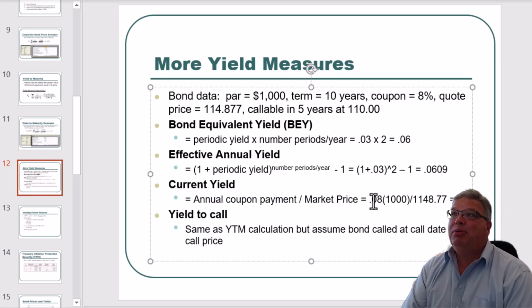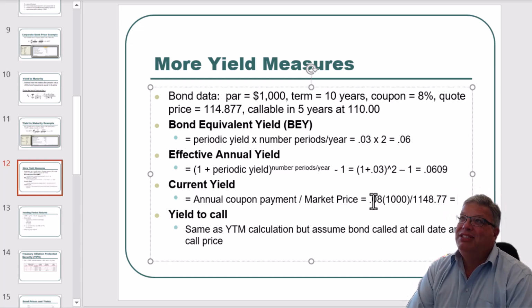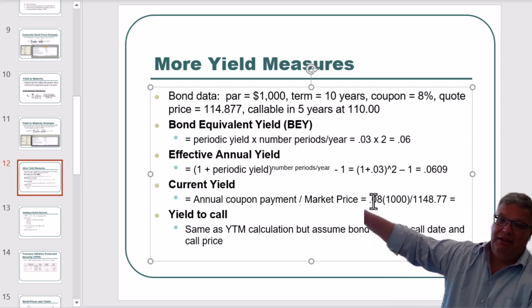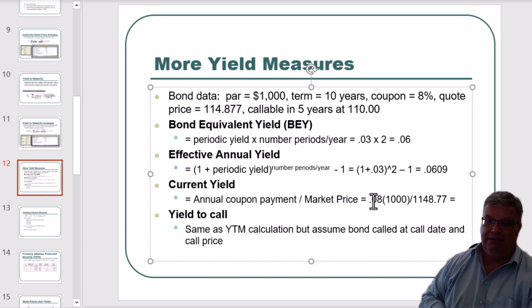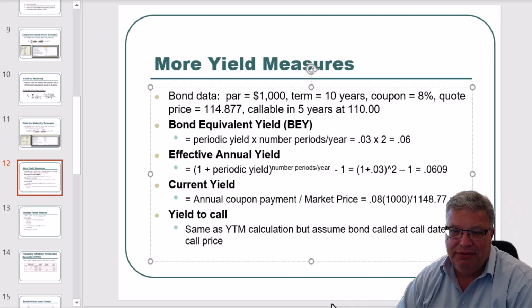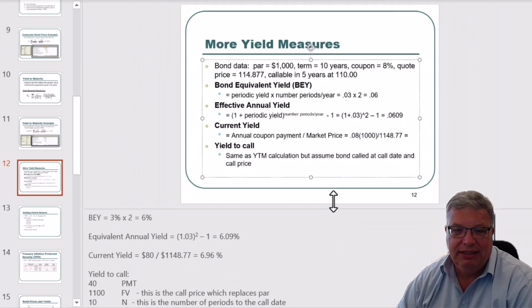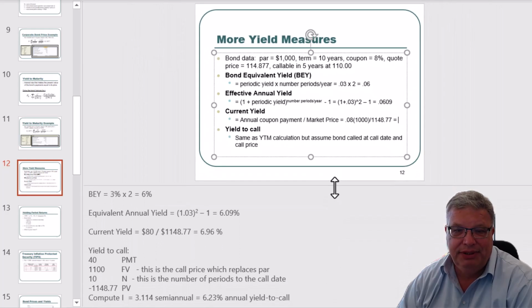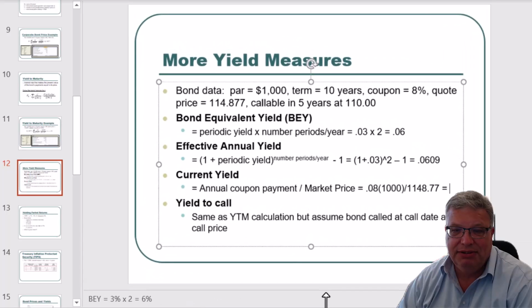It looks at the bond coupon payments almost like if you just put the money into a savings account and you're just living off the interest. It ignores the repayment of the principal at the end. So it's just looking at short-term income, and if we do the math on that, it ends up being 6.96%.